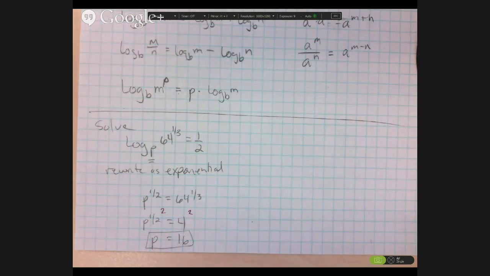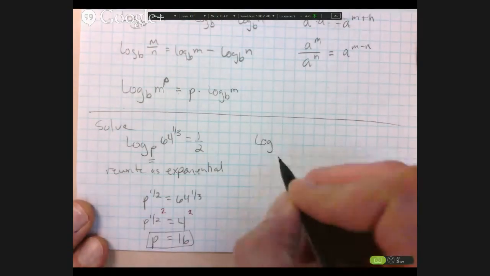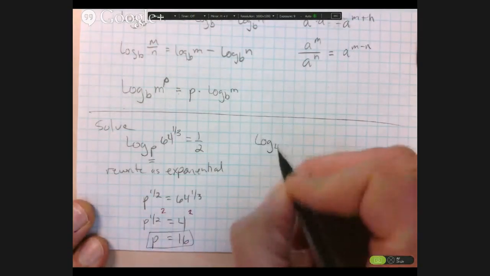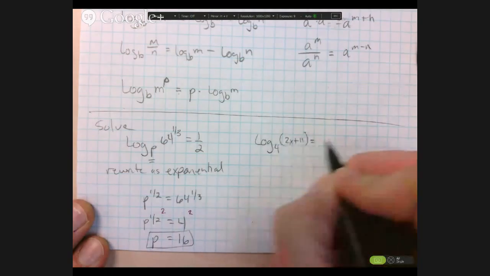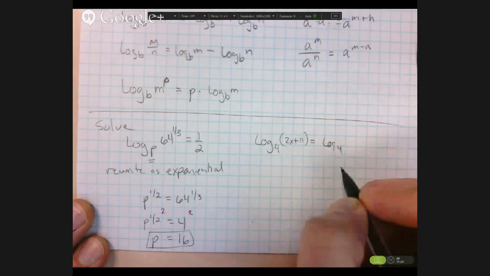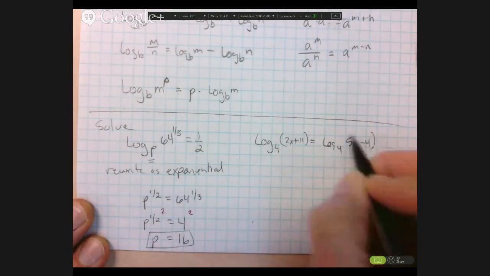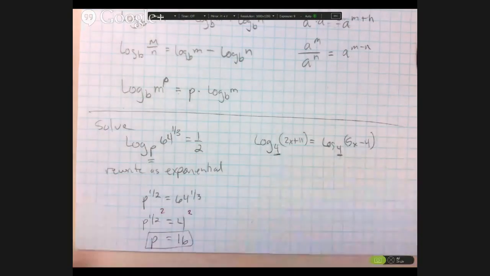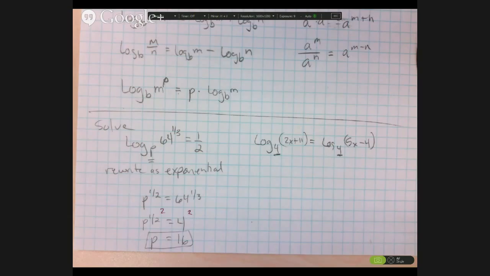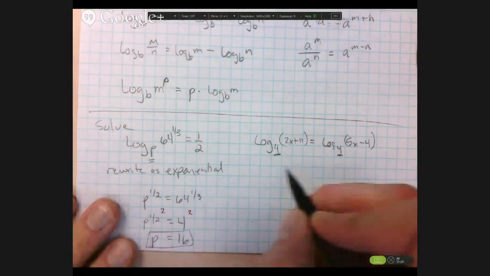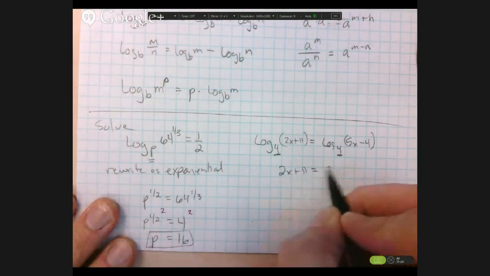Okay, here's another one that's pretty doable. This is a property that I didn't point out explicitly, but basically they're the same log on both sides, base 4, right? I wouldn't say they cancel, but one of the properties of logs says that this is true.